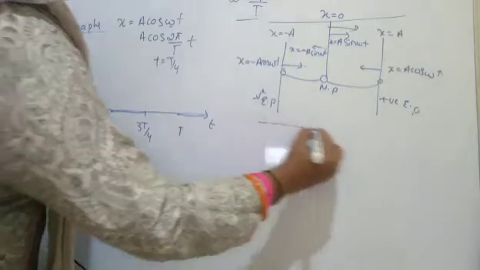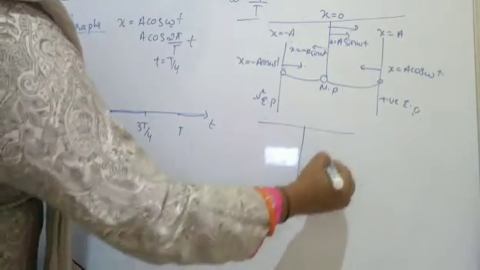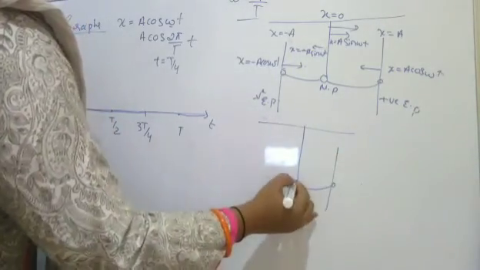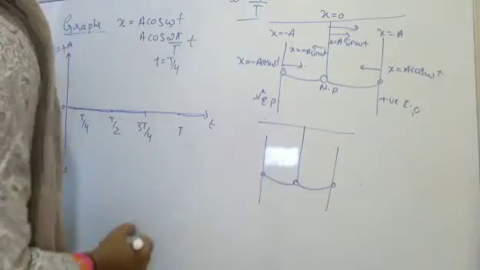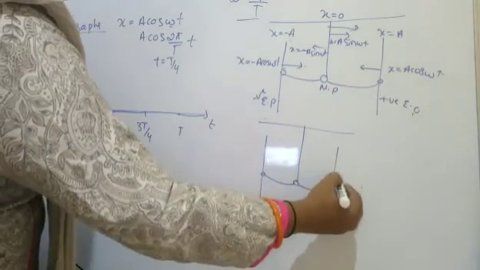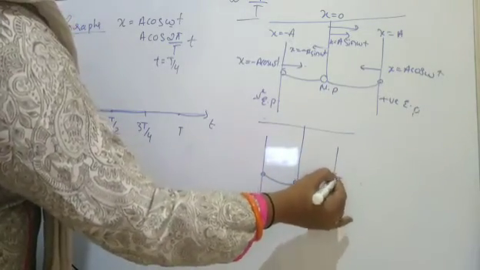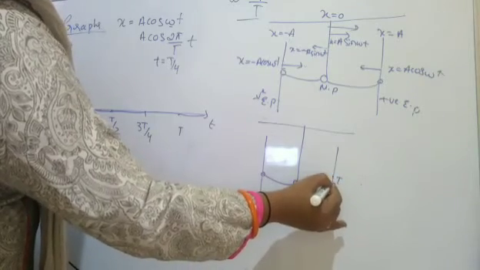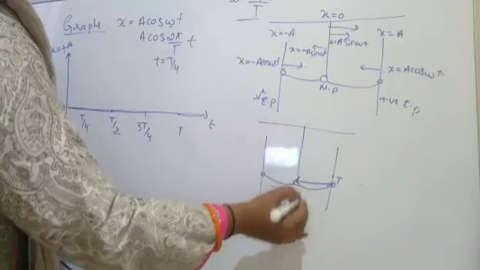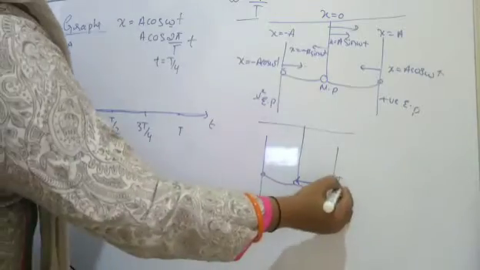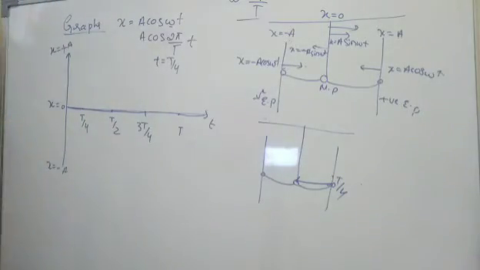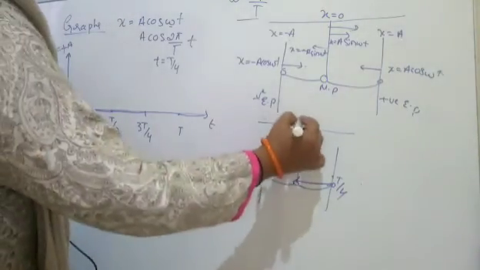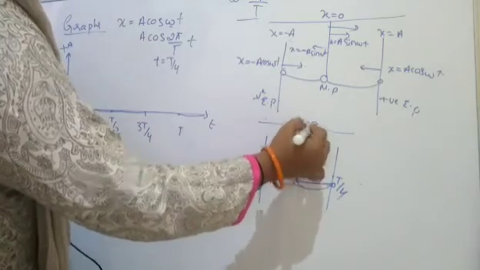If you are getting confusion, draw it. So extreme position, right? So from here it started moving. From here it started moving this part, right? So at this position I'm going to take it as T by 4. Here x is equal to 0 means t is equal to 0.